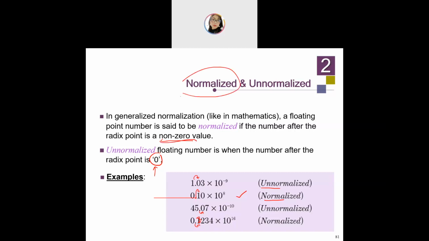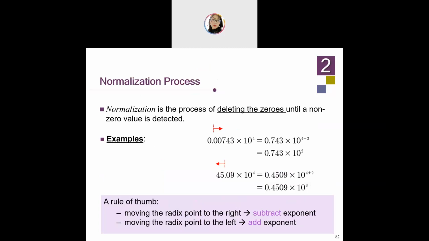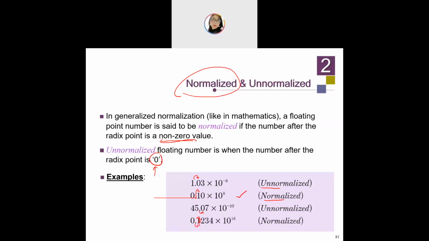So stick in your mind first, this is the normal standard. Now the normalization process. You know the standard now, but if you were given numbers like this, you need to know this is unnormalized.